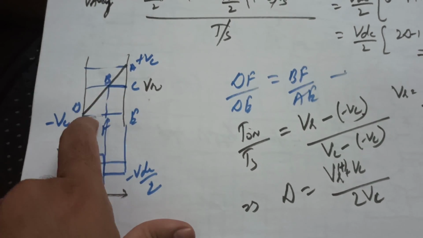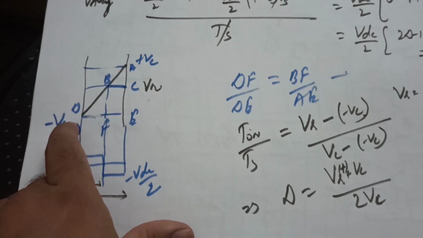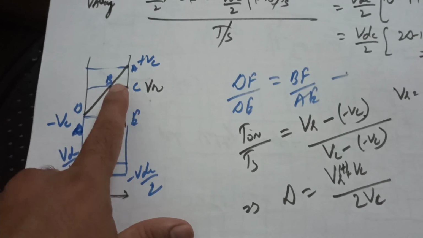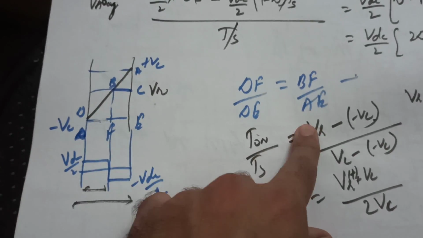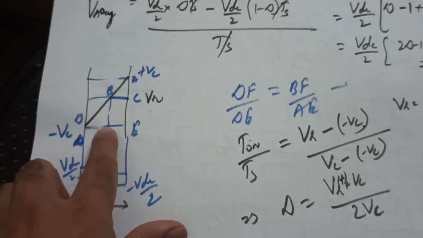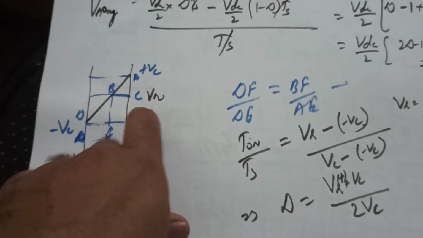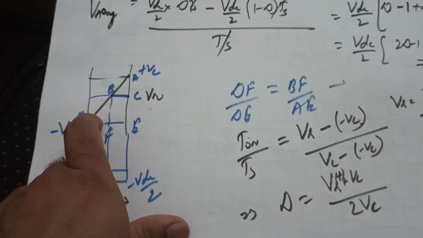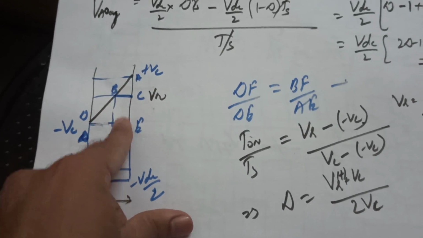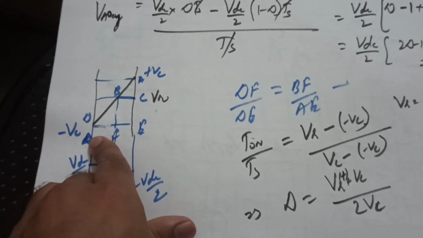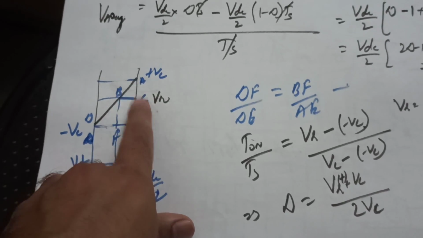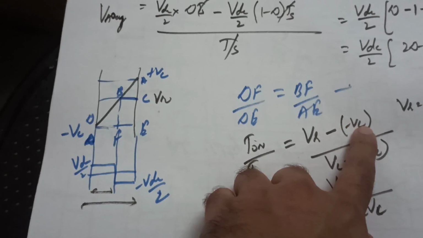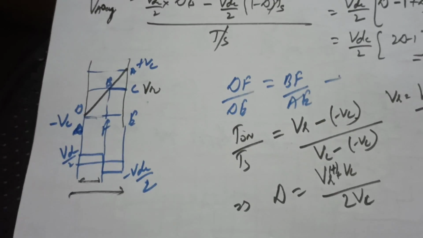Consider these two triangles. In the triangle, DF upon DE should be equal to BF upon AE. Clear? DF is nothing but Ton, DE is TS. BF is this length, that is VR minus VC, where minus VC is the minimum value, while VR is VR of t. So VR minus of minus VC, we are getting this.